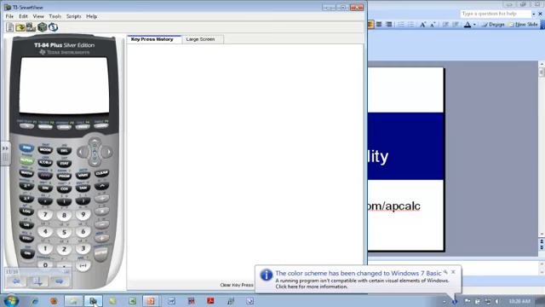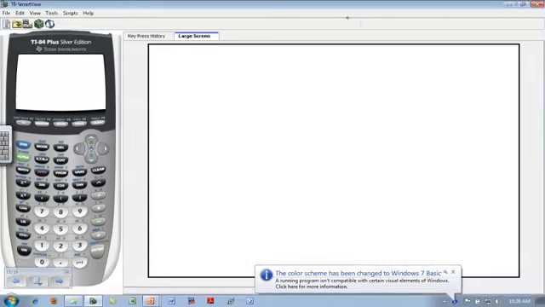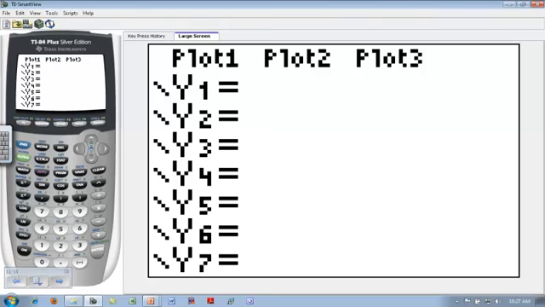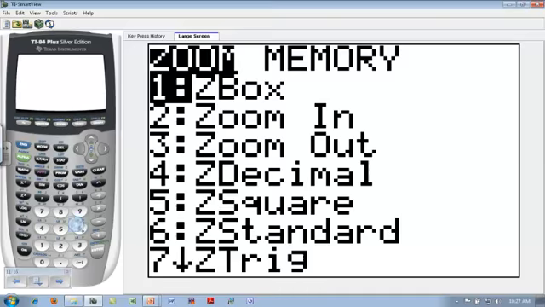All right? Here's the easier of the two ways. I go y equals. I put in a function. I'm doing, by the way, exactly the example that we just did by hand. I graph it.